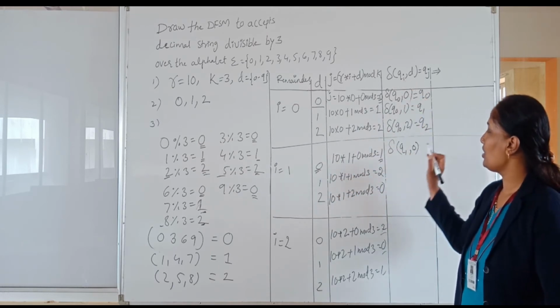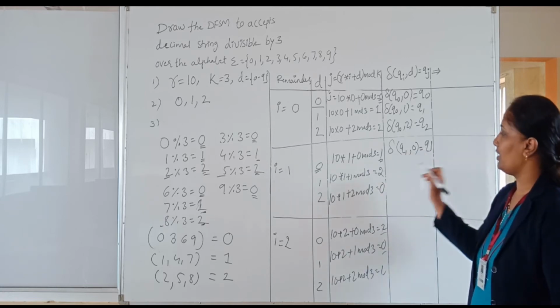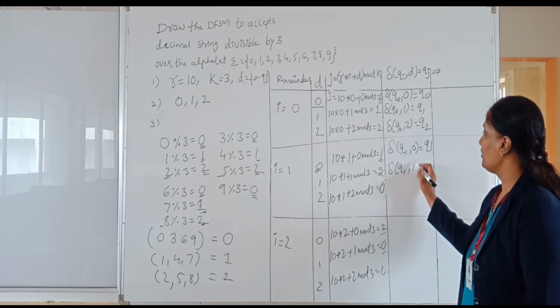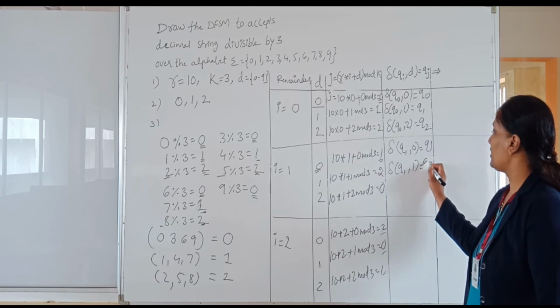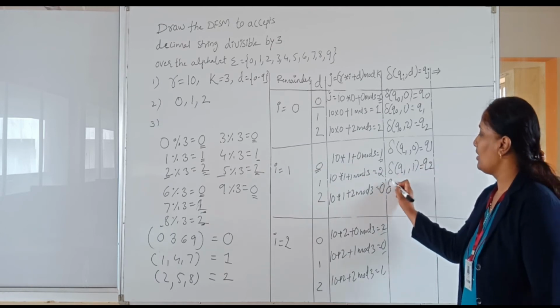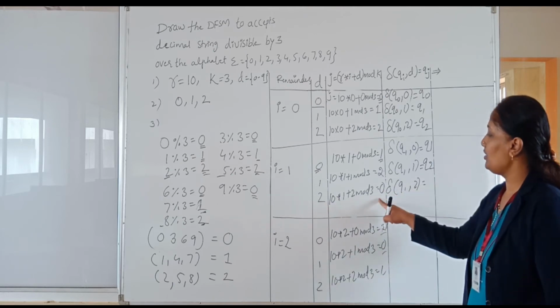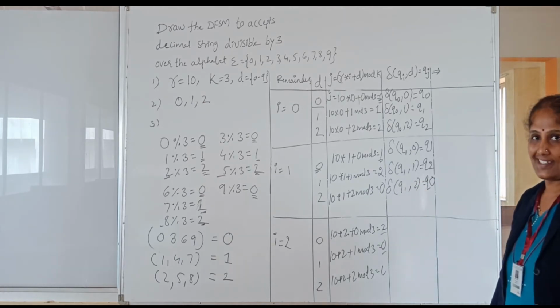Where I reach state 1, that is nothing but Q1 here. Next, transition from Q1 of 1, the digit is 1 in this case. So where I reach 2, that is nothing but a Q2 state. Next, transition from Q1 of 2, where I reach state 0, that is nothing but a Q0 state.